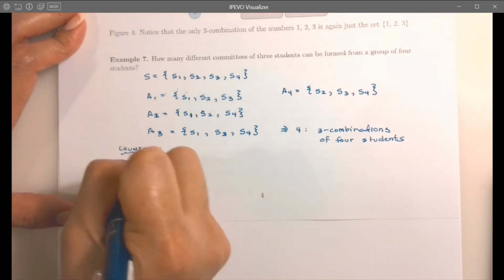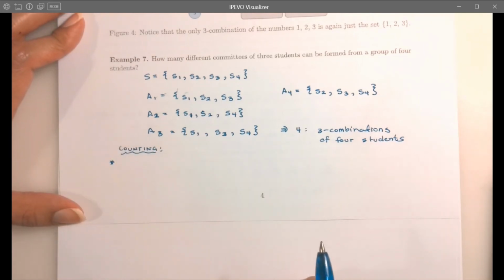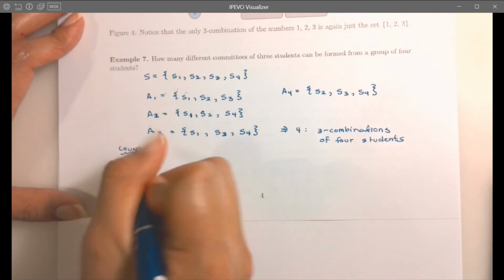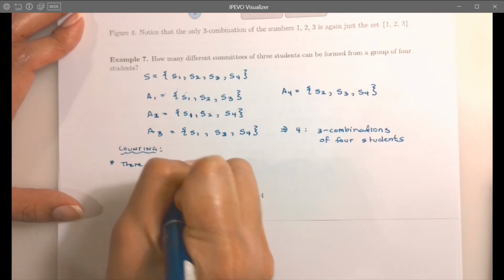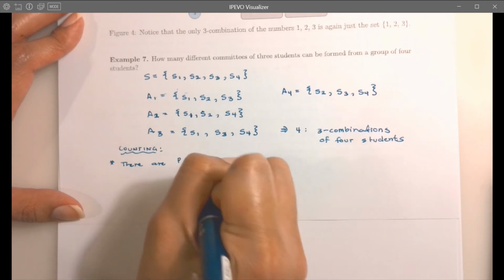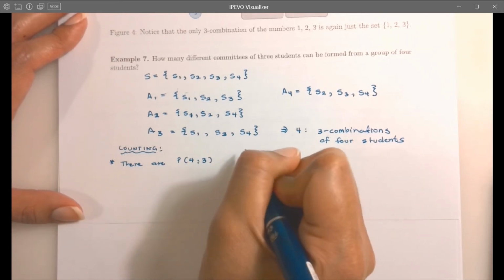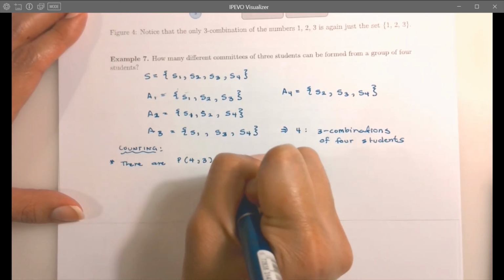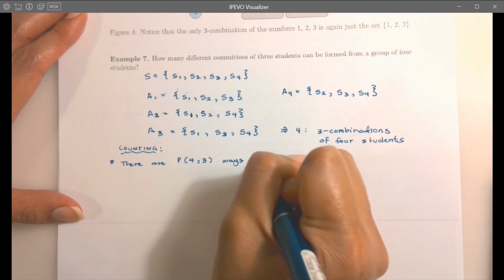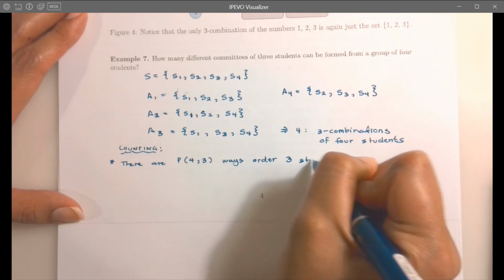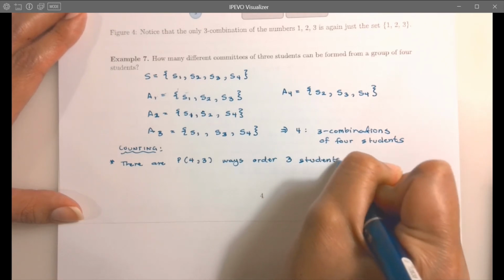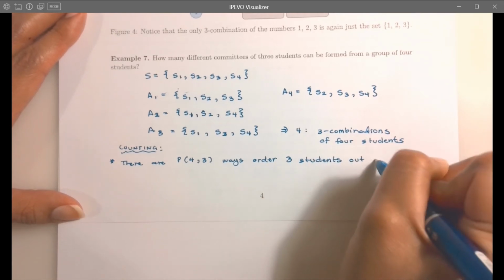Well, we can first think about how many different ways there are to pick 3 students out of 4. So there are P of 4 comma 3 ways to order 3 students out of 4.